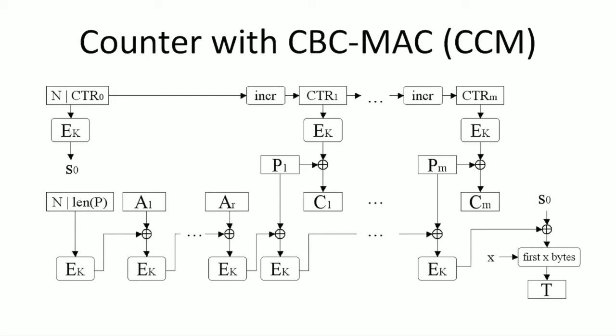So counter with CBC-MAC, or CCM, is a mode of operation for cryptographic block ciphers that is designed to provide both authentication and confidentiality. As the name says, it combines the CBC-MAC mode with the counter mode. So we use the counter mode for confidentiality and the CBC mode for authentication.